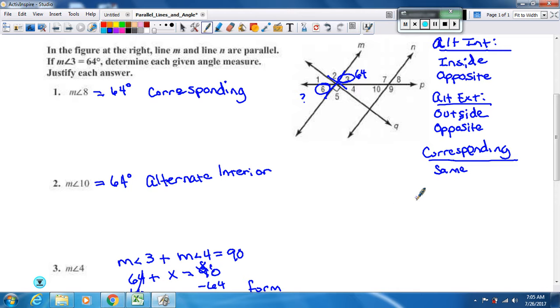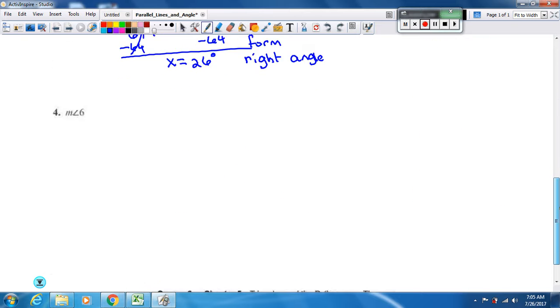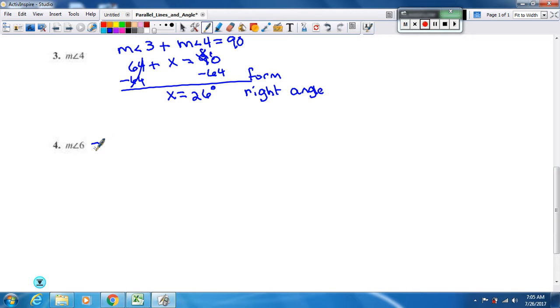So those are called vertical angles. I like to say that they are across the x. Those are congruent. So 3 and 6 have the same measure because they are vertical. So the measure of angle 6 equals 64 degrees, and that is because they are vertical angles.